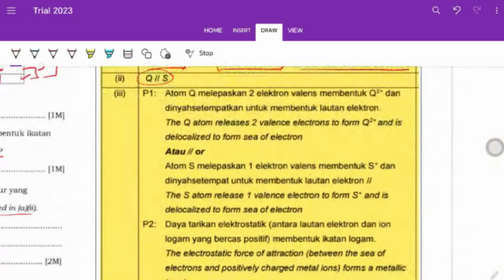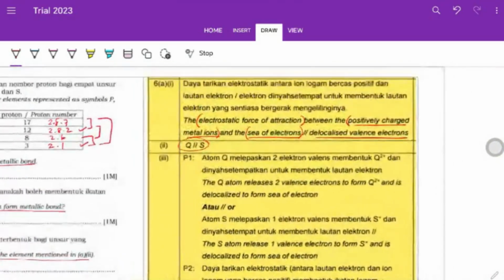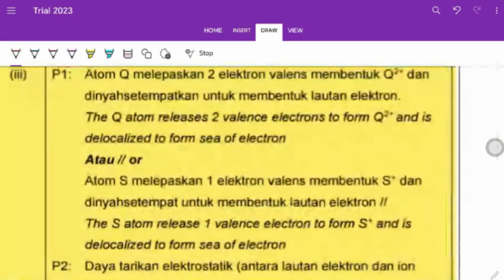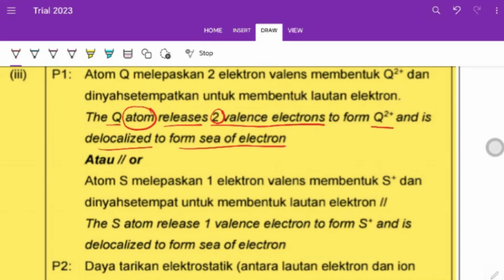So Q atom, here you see you must mention the atom releases two valence electrons. Remember, mention two because it has two valence electrons, right? To form a Q2 positive, and the electrons are delocalized to form the sea of electrons.